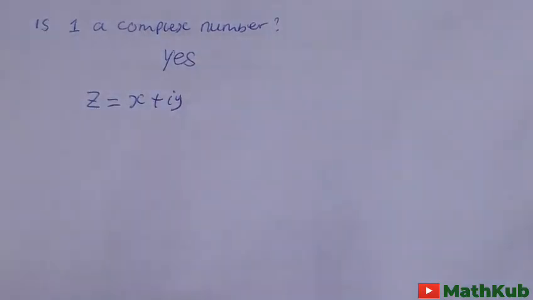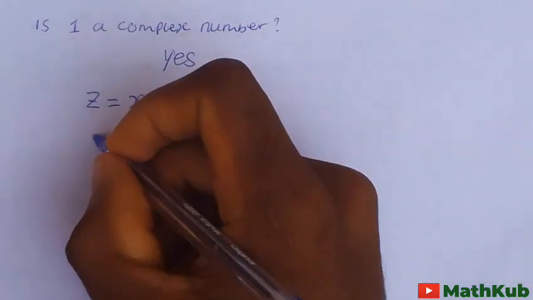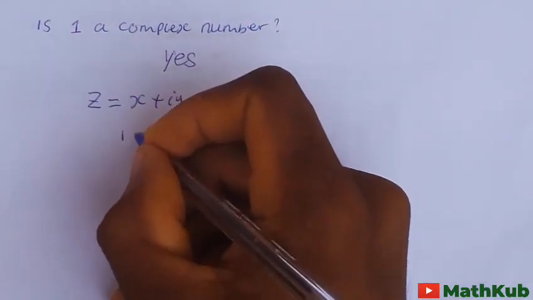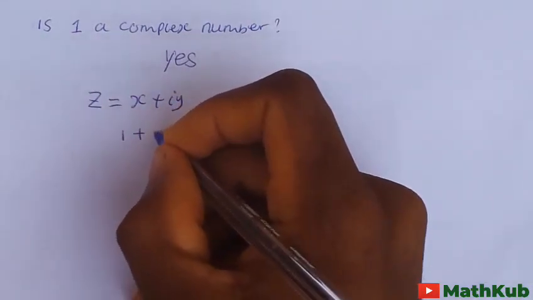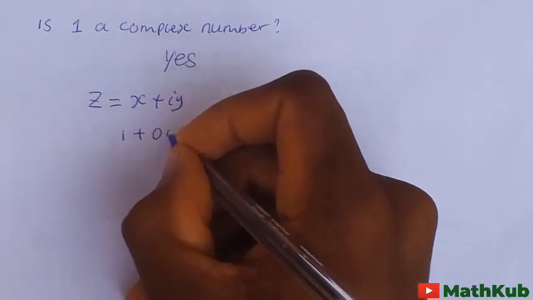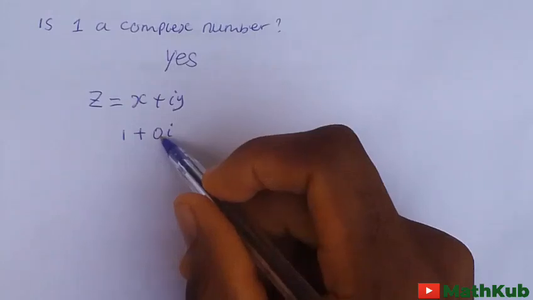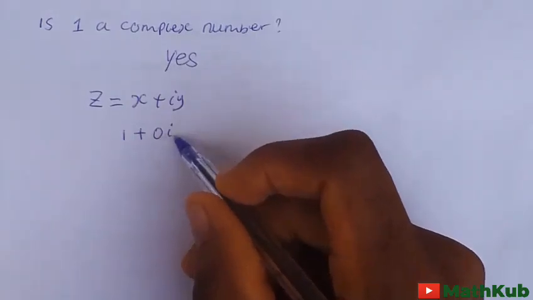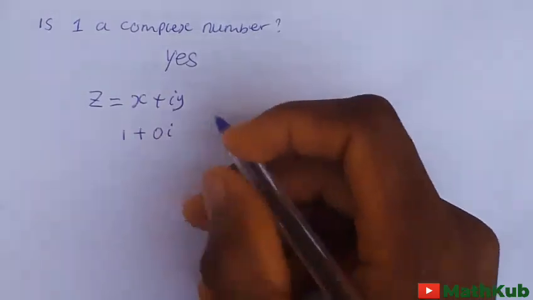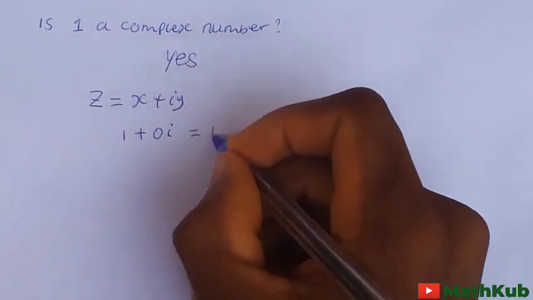Then 1 can be written as 1 plus 0i. This 0 is a number, then times i, we have 1.